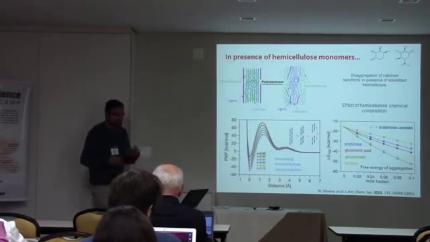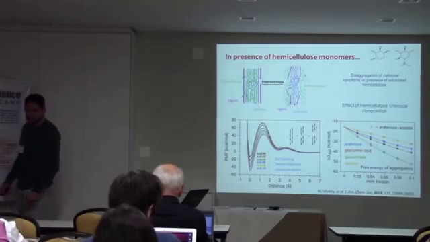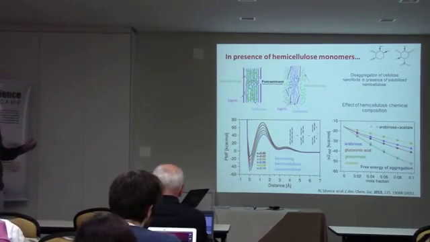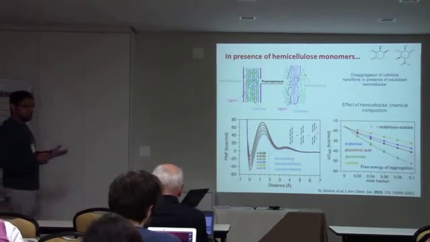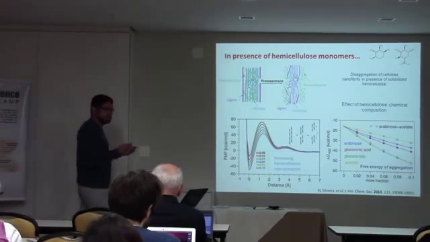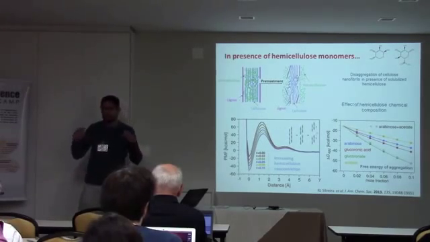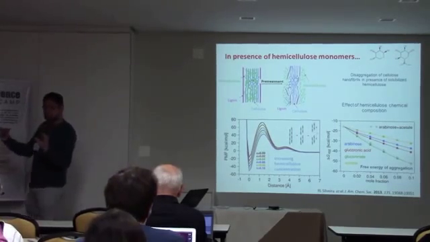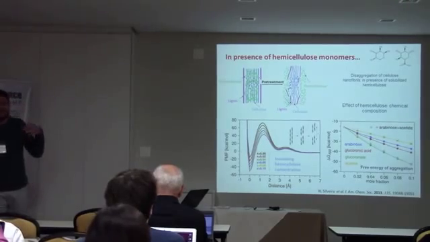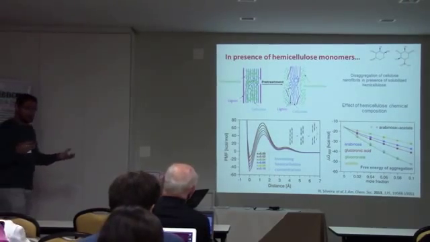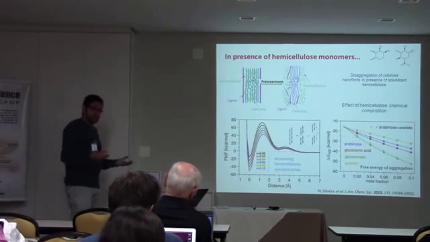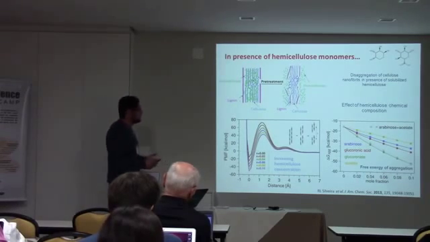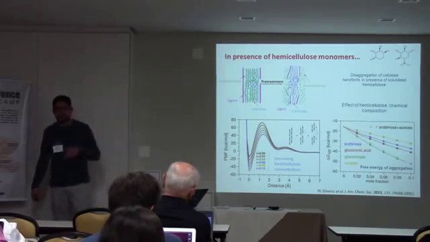And another aspect of these treatments is that when you increase the temperature, the hemicellulose solubilizes. So now we have a situation where you have different cellulose fibers, and also water, and now sugars, like monomers of hemicellulose.